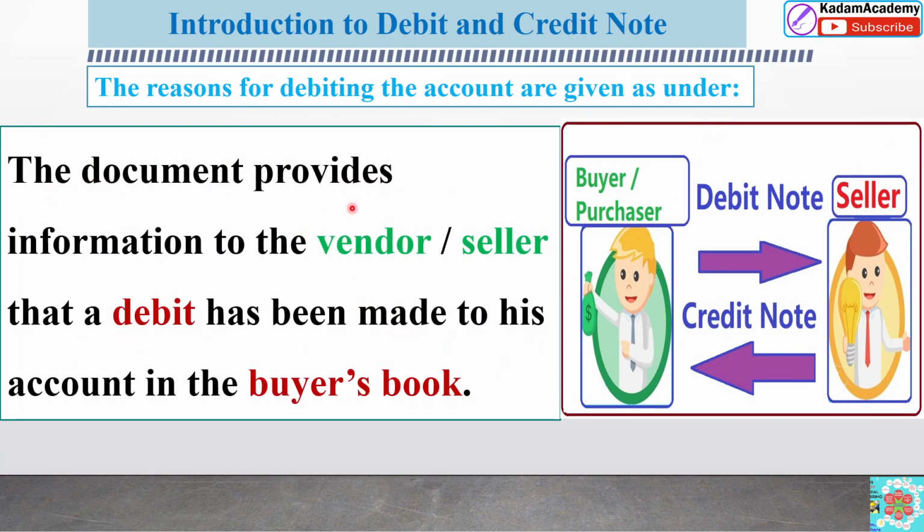Next is the document it provides. Debit note is nothing but a note from buyer to seller, and credit note is from seller to buyer. This document provides the information to the vendor or seller that a debit has been made to his account in the buyer's books. That is important.